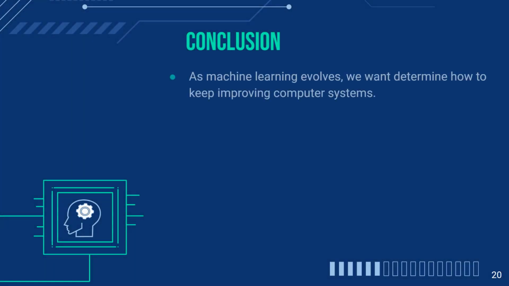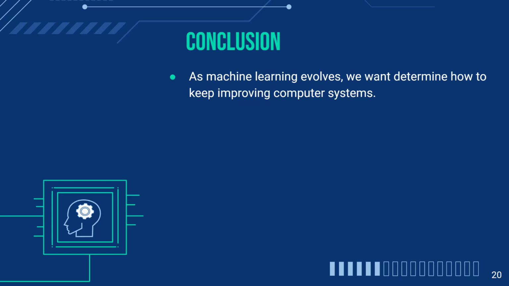And to conclude, we want to emphasize that as machine learning is evolving, we also want to see how to improve the computer systems, because at the end of the day, the computer systems and these processors are the ones that are allowing these machine learning algorithms to run efficiently and to the best quality possible.